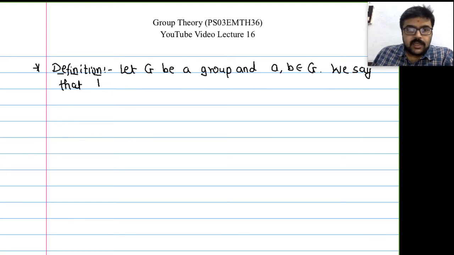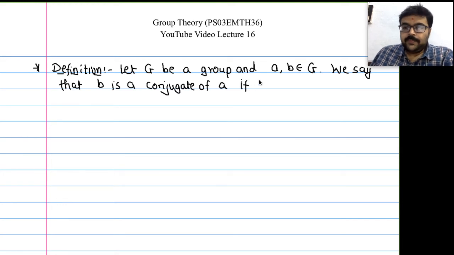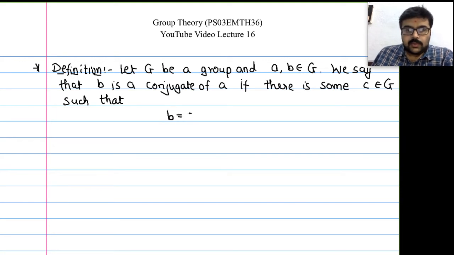So we say that B is a conjugate of A if there exists some C in G, so if there is an element in G such that we can write B equals C inverse A C, right?